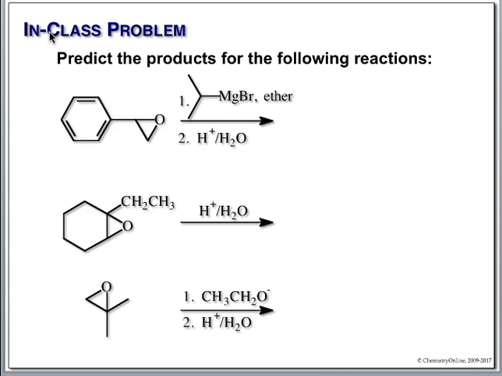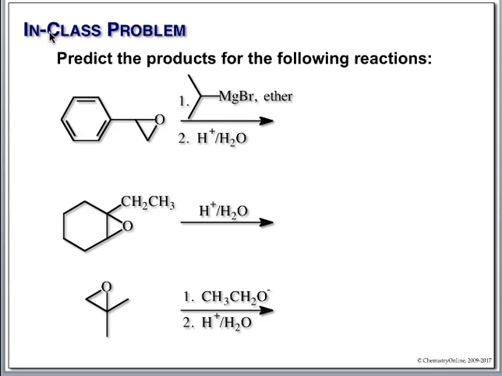Whenever you see a reaction like this, you want to think two things to yourself. First of all, what is your nucleophile? And secondly, remember this must go to the least hindered carbon. So you have to look at the whole molecule and decide where it's easiest to get in there.